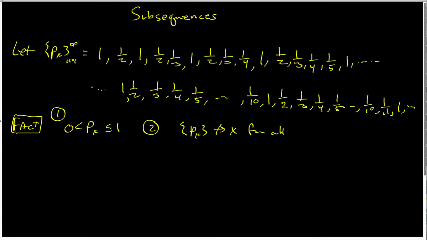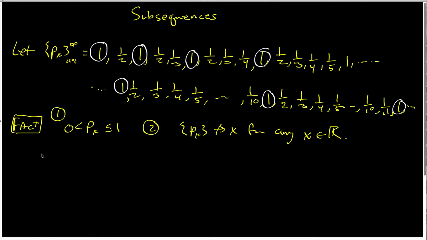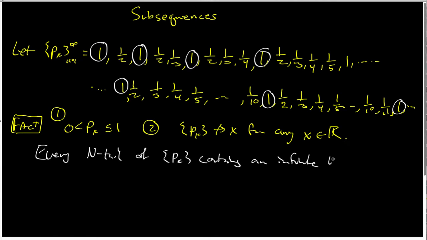So for any x inside the real numbers. And the easiest way of seeing that is that if I circle these terms here, I see that every tail of this sequence contains an infinite number of 1s, which would kind of point towards possibly converging to 1.